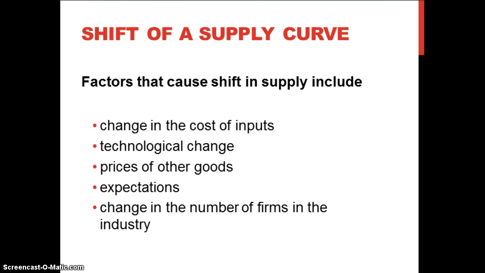I don't show the shift of the supply curve in this lecture, but the concept is very similar to a shift of the demand curve. This is the end of this video, and in the next video we finally talk about interactions of the supply curve and demand curve.